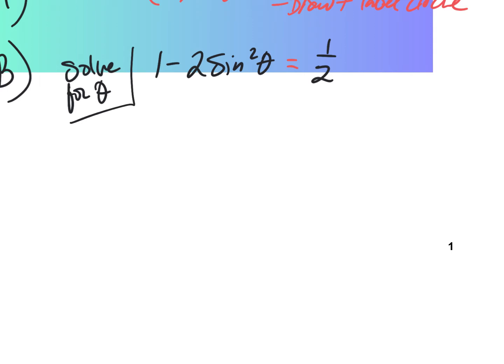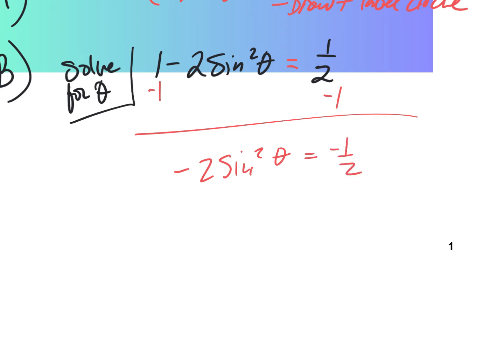Would you agree that I can subtract 1 from both sides? We can do that on an equation. So 1 minus 1 is, well, it's just gone. Or you could say it's 0. Minus 2 sine squared theta is equal to -1/2. Next step. You're hurting yourself if you're not writing this down.